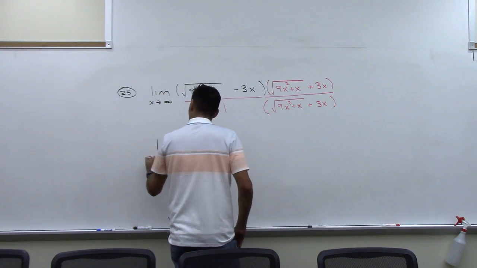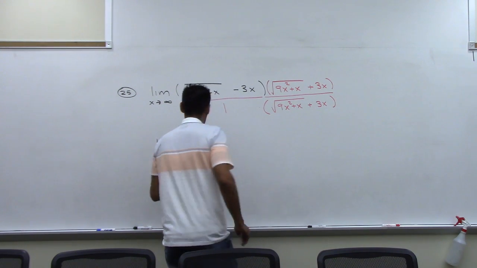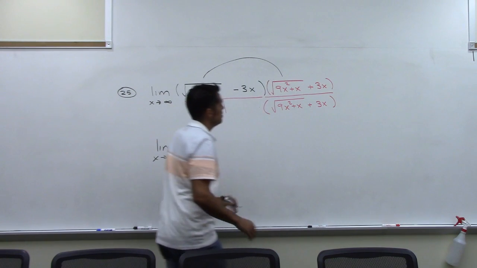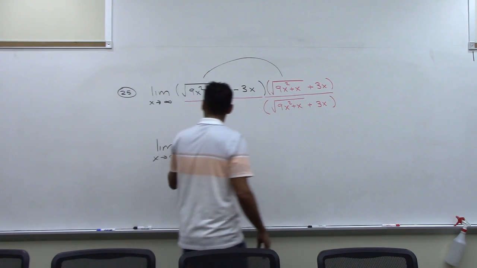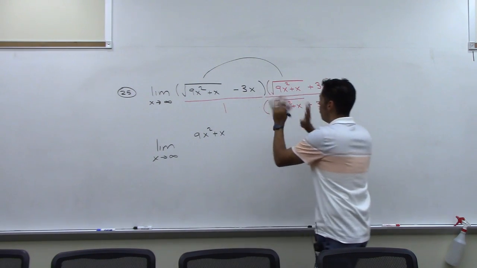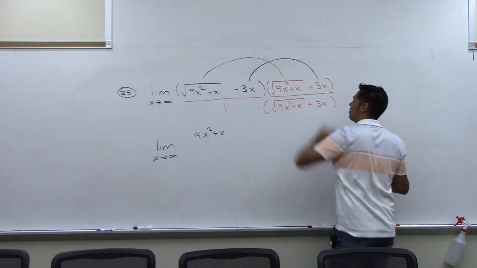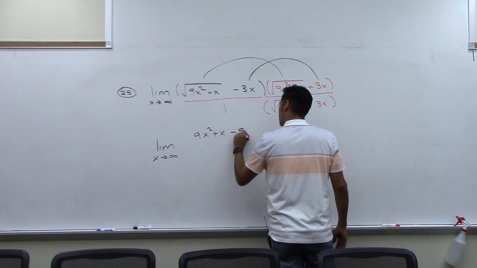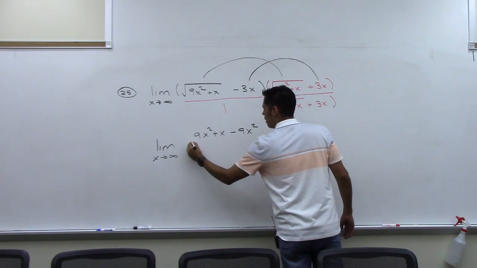Limit as x goes to infinity. Now when we do this, because it's the conjugate, this times this, the root is basically going to go away. I'm going to get 9x squared plus x. The middle terms won't matter because they're going to cancel each other out, so I just get the last two terms. It'll be negative 9x squared. Oh, that's really nice.